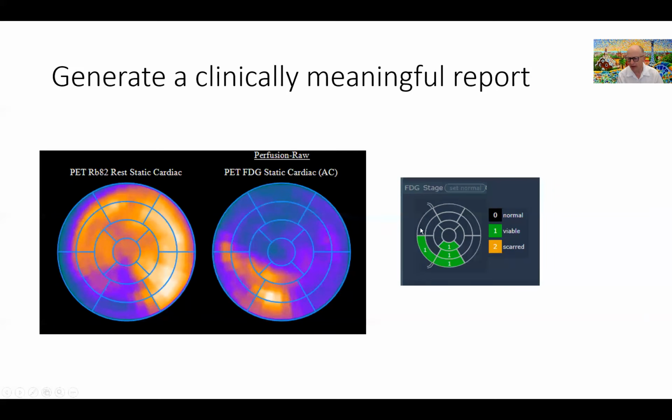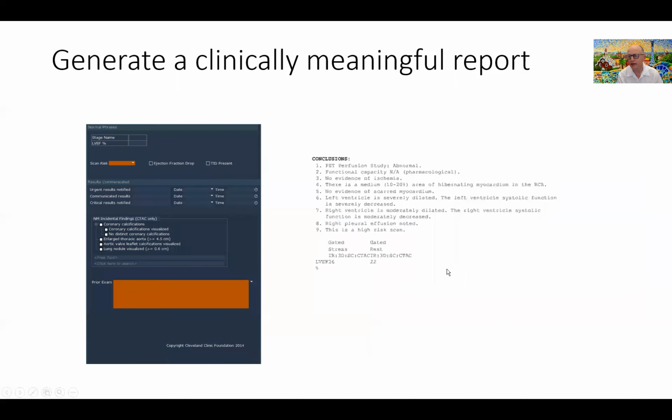If we're dealing with a patient for sarcoid or other things, then we use this field of normal or abnormal. But in this instance, we're dealing with a viability issue, and then we call it viability. So we have 4 segments of viability in the inferior wall. So this is how the final report was generated.